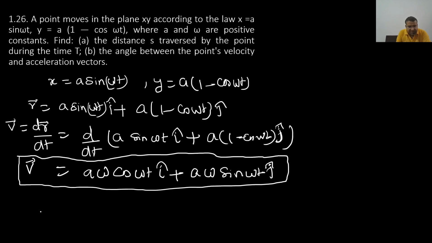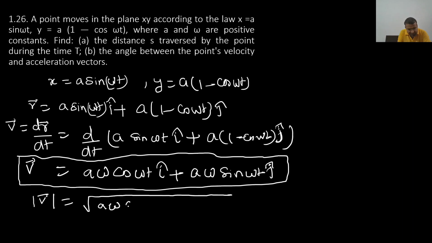Now, because distance is to be determined, we need the modulus of velocity, that is, its magnitude, which is the root of x component square plus y component square.